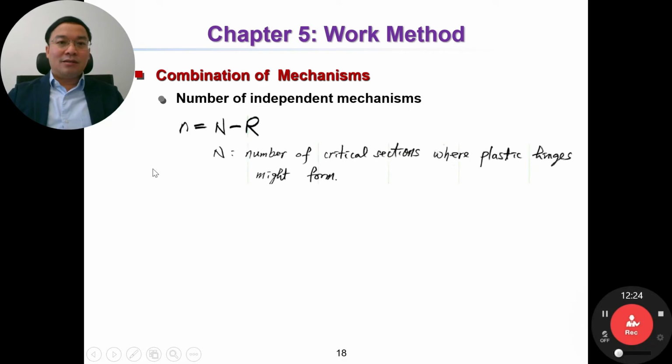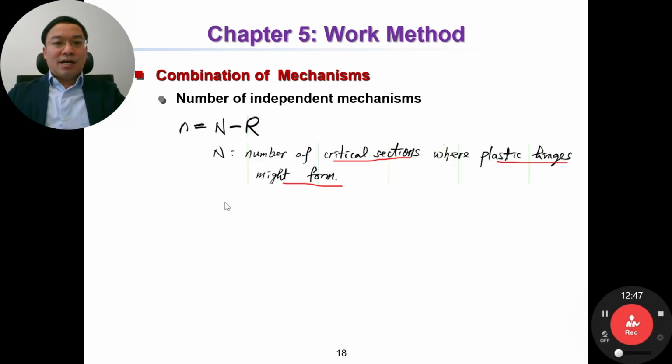What is N? The big N is the number of critical sections where plastic hinges might form.